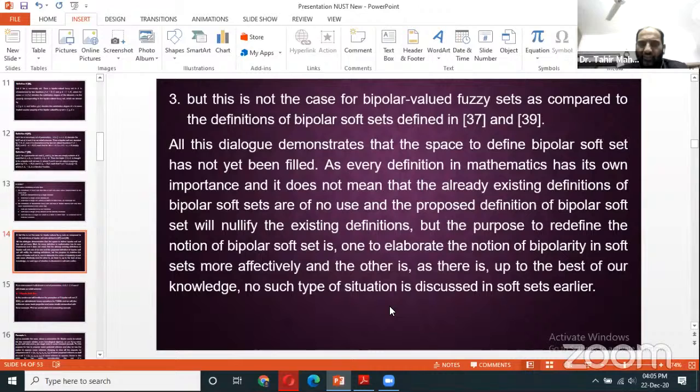But the purpose to redefine the notion of bipolar soft set is, one, to elaborate the notion of bipolarity in soft sets more effectively, and the other is that, to the best of our knowledge, no such type of situation has been discussed in soft sets earlier.